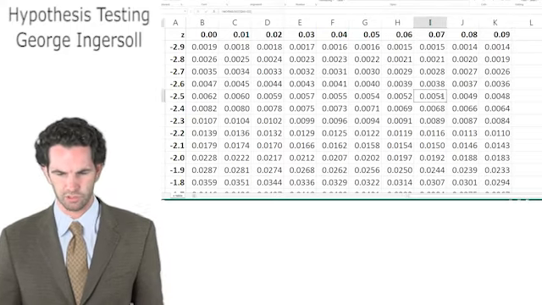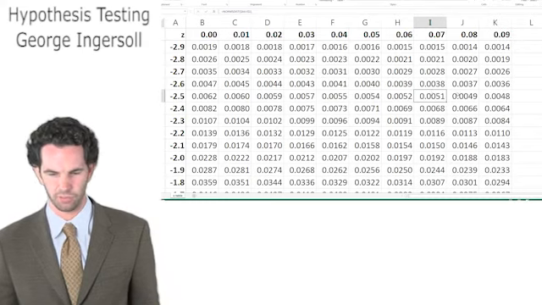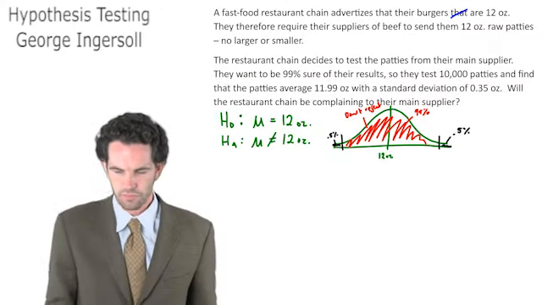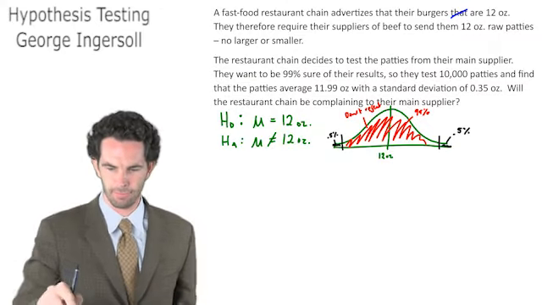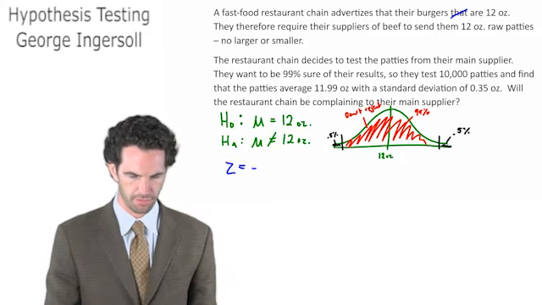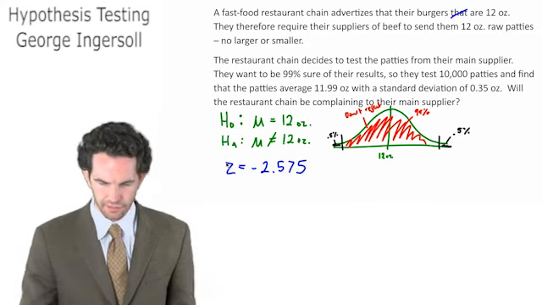It's somewhere in between negative 2.57 and negative 2.58, so I'm going to call it negative 2.575. That's this right here.